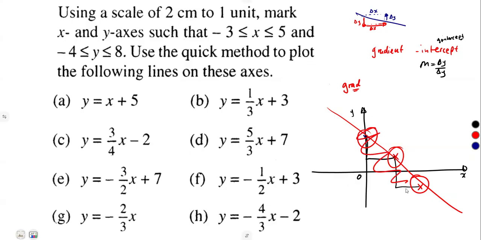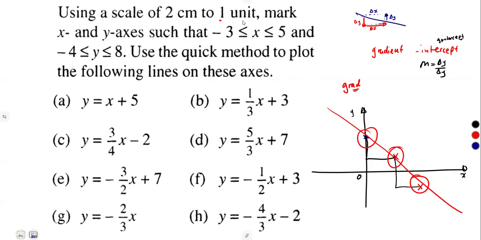I'm going to explain graphically so that you understand clearly how to use this method. If it is a method that you opt out of, you can leave it and use the table of values or the double intercept, another method that I'm going to explain in our next class. So there we are being given a scale of 2 centimeters to 1 unit.